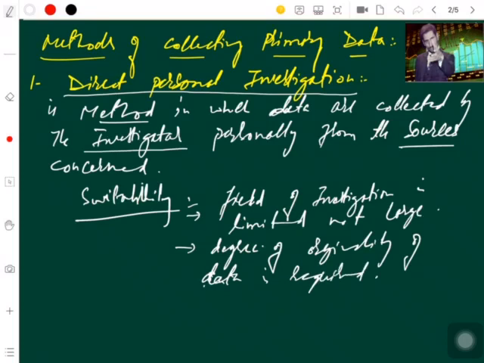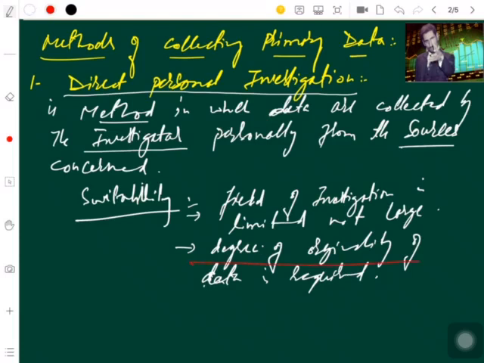So what is degree of originality? Degree of originality simply means that this field of inquiry requires such information which has not been collected before, or which has been collected before by a few people who had been biased about it, but you want to know the truth. So degree of originality comes into context there.